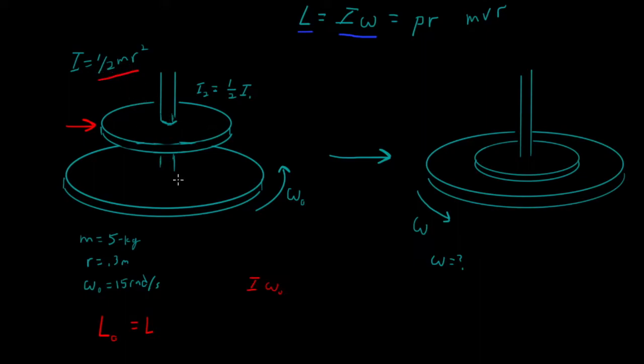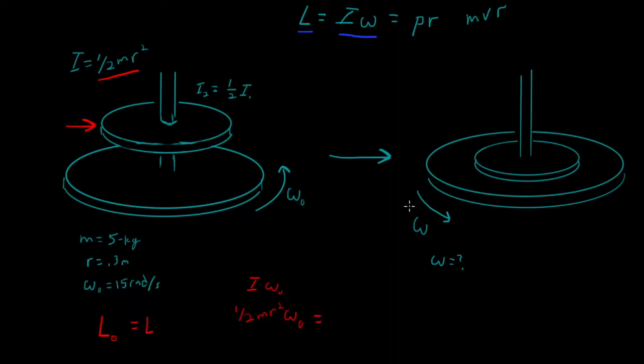So the equation for the moment of inertia of a disk is 1/2 mr squared. So I'm going to plug that in here. I'm going to have 1/2 mr squared times omega naught. And that's going to be my initial angular momentum. Now, what's my final angular momentum going to be?